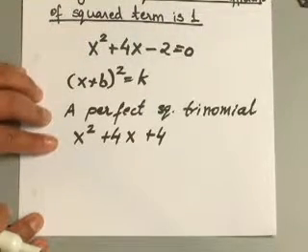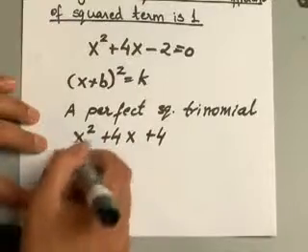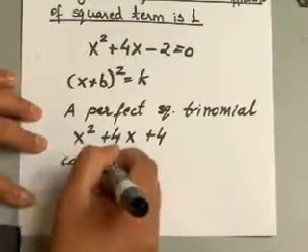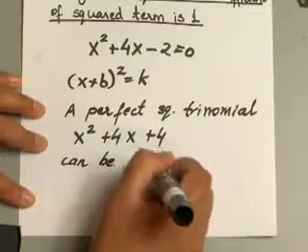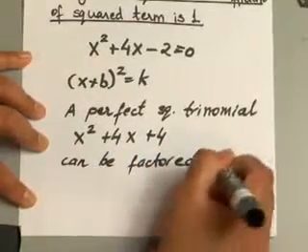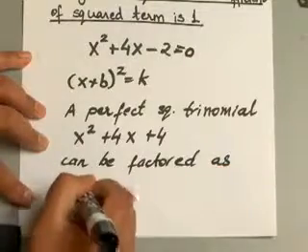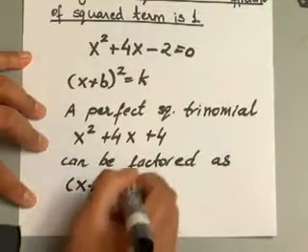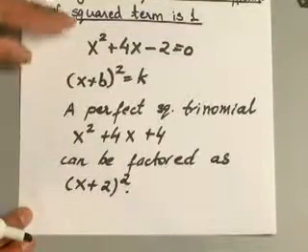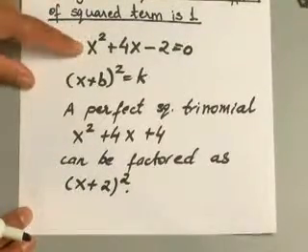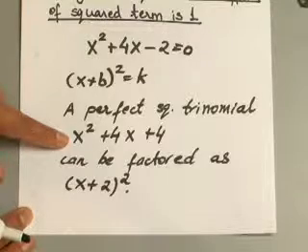Now the idea is if I could take this original equation x squared plus 4x minus 2 and write it in the form of x squared plus 4x plus 4, the reason I want to do that is because this expression here can be factored into x plus 2 quantity squared.